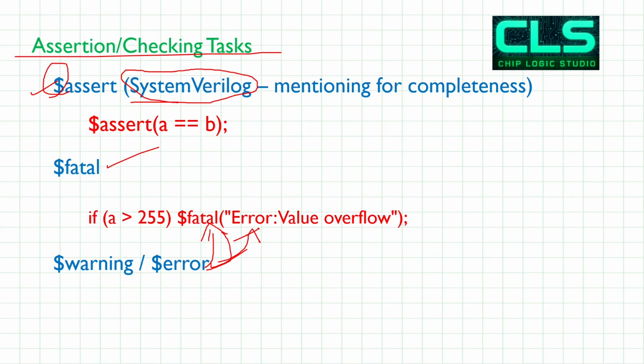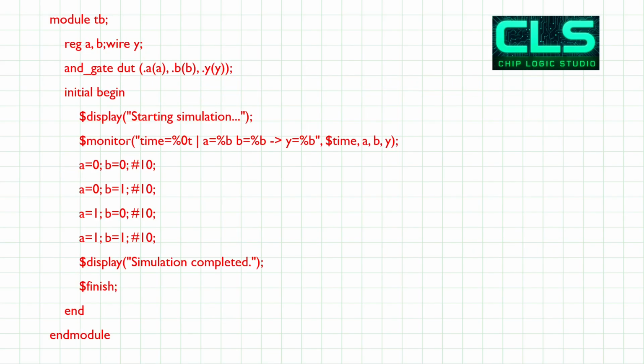You can also use $error here, and you can place a warning also. So the printed statement will have a different color. For example, $fatal will have orange color, $error will have red color, and $warning will have orange color. Similarly you can use these things, but mostly in SystemVerilog, but there is something like this, therefore I have included it in our video.